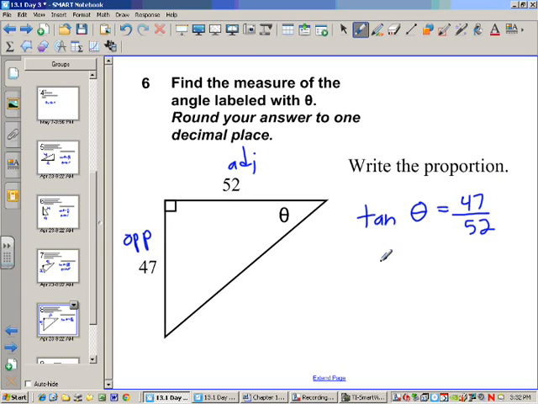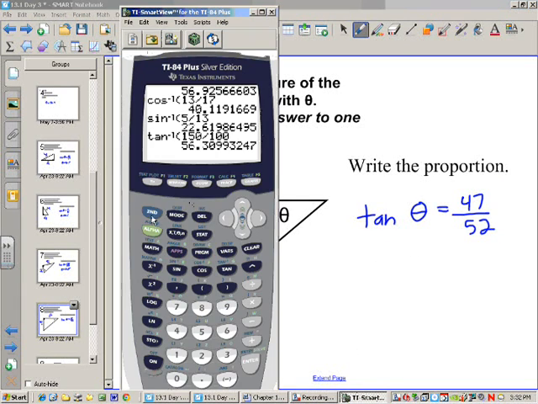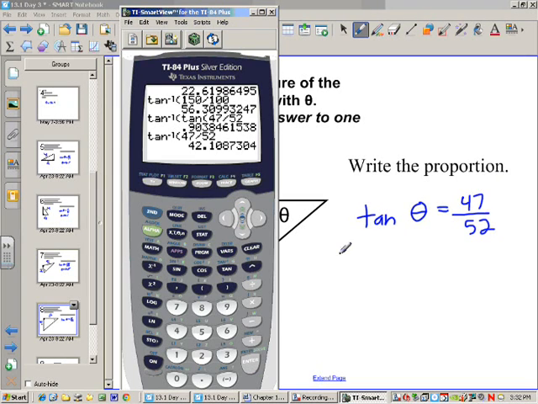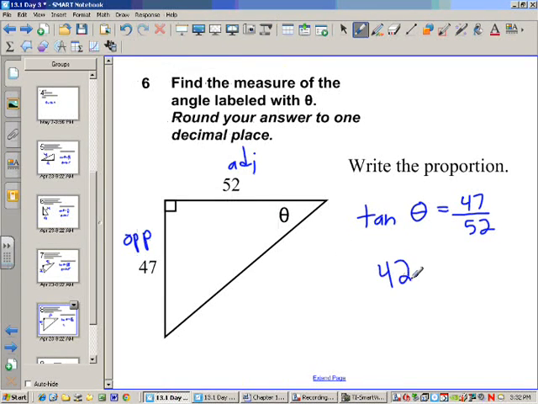So I do the inverse tangent of 47 divided by 52. And we get an answer of, ooh, I put a little too much in there. Let's try that again. Inverse tangent of 47 over 52. That's 42.1 degrees.